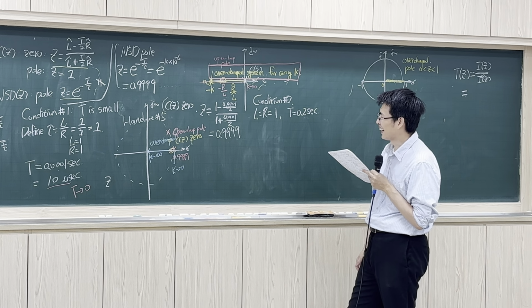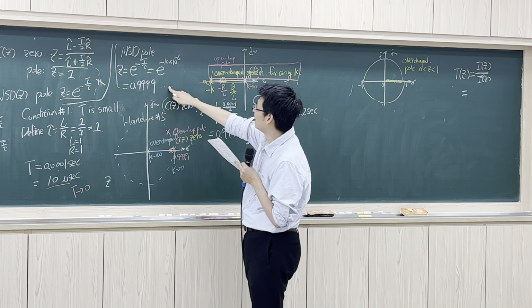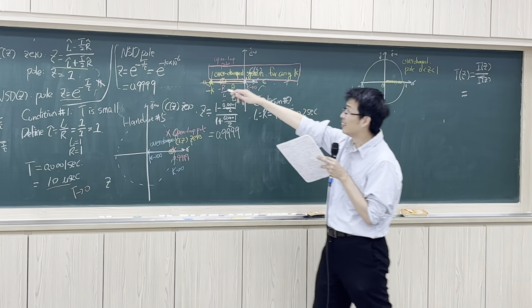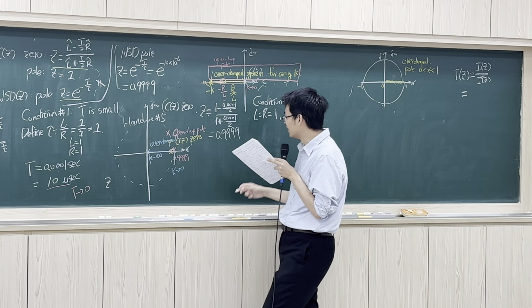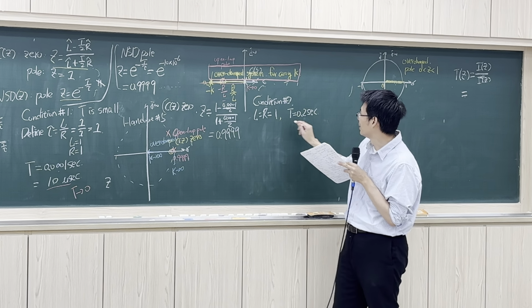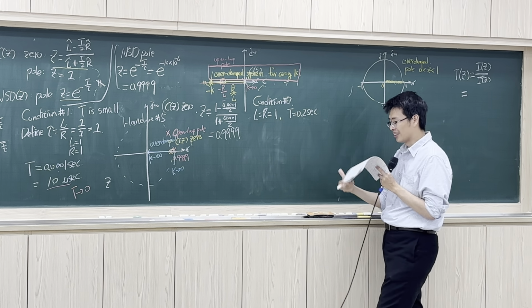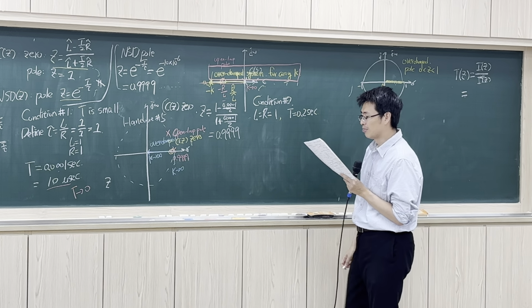So in this case, the NSD pole, the pole location of the new system dynamics open loop transfer function, can also change with respect to your sample time. So you need to calculate the NSD pole again.